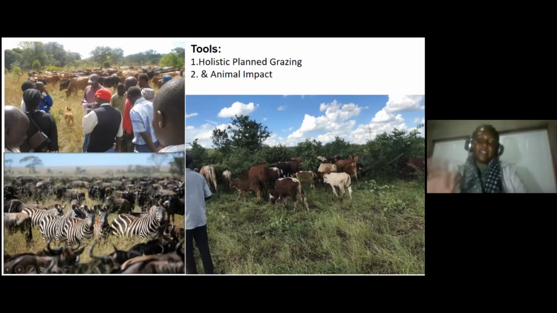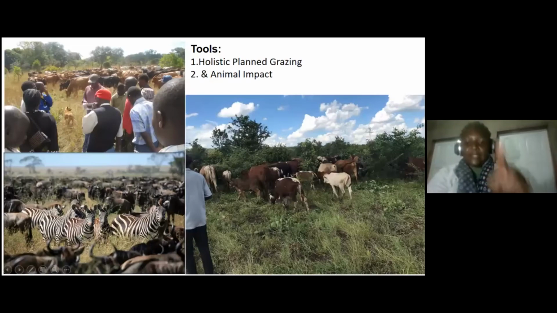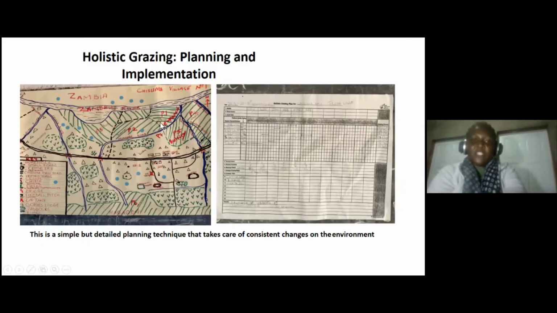And then here is the chart that we use. So this is the grazing plan chart, which helps you know how you are moving these animals across the land. So they don't just move, it's well planned on the map, which is a land plan. So this land plan goes with social planning, which is what sort of social structures or bylaws communities are proposing, and also what herding teams are available to keep moving with the animals across the land.